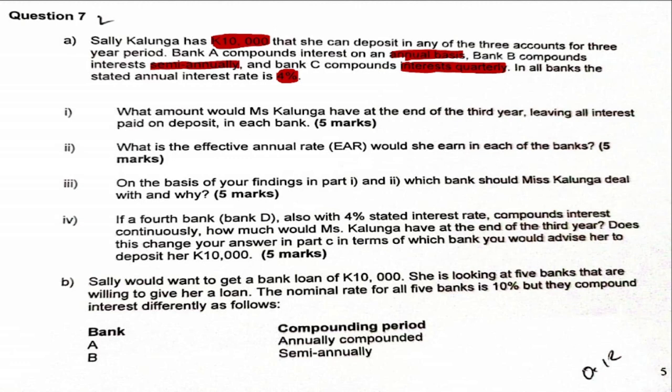Okay, so what is the formula for the future value? Future value is equal to present value, open bracket, 1 plus R divided by M, to the power MN.